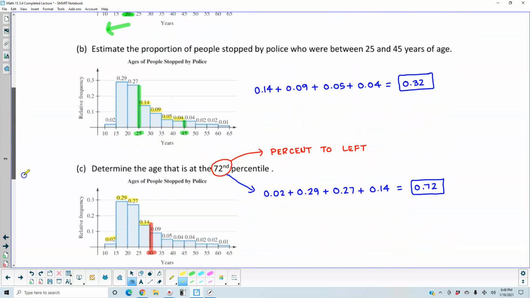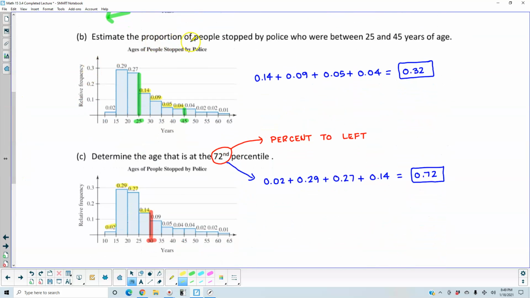Next question, part B. It says, estimate the proportion of people stopped by police who were between 25 and 45 years of age. So that means they have to be in between 25 and 45. Between 25 and 30, the relative frequency is 0.14.